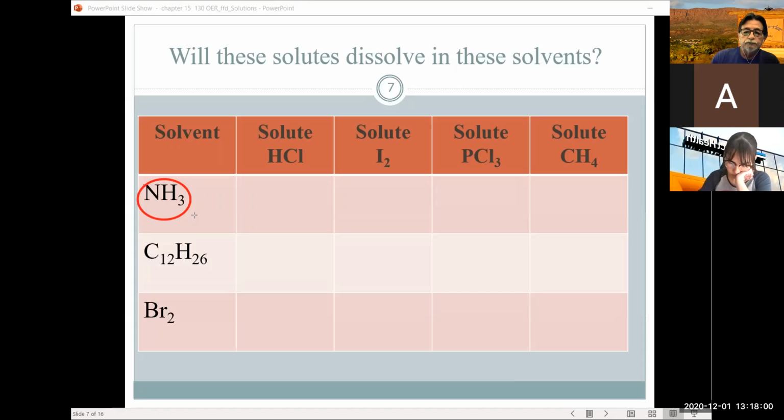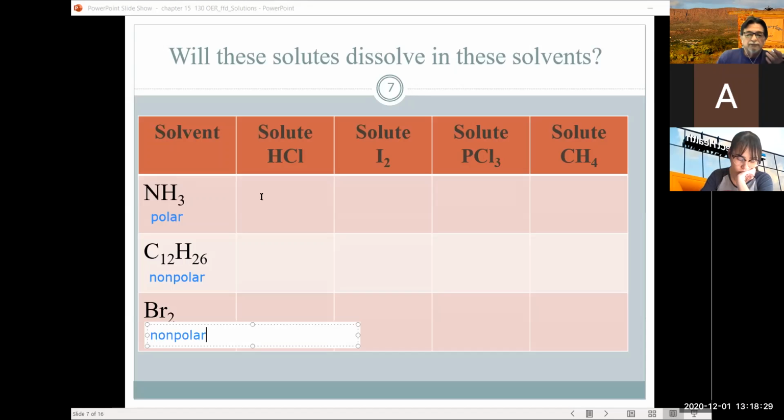And so what we have up here is ammonia being polar. We come to that conclusion. The hydrocarbon being nonpolar. Bromine, which is diatomic, is nonpolar.